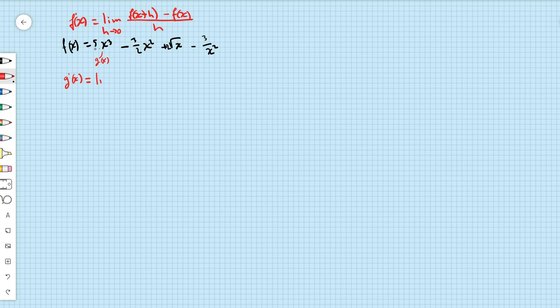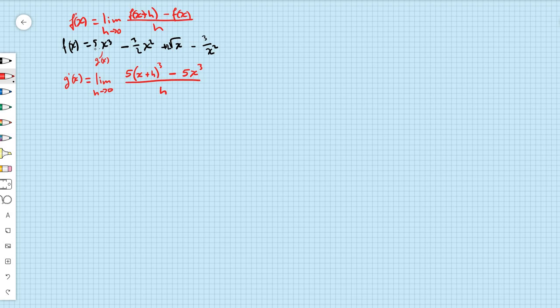So that would be the limit when h tends to 0 of 5 times, remember, replace x by x plus h, so that would be x plus h cubed, minus f of x. Well, f of x is what? 5x cubed, over h.